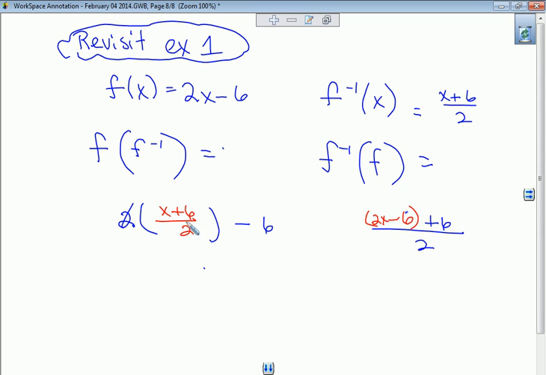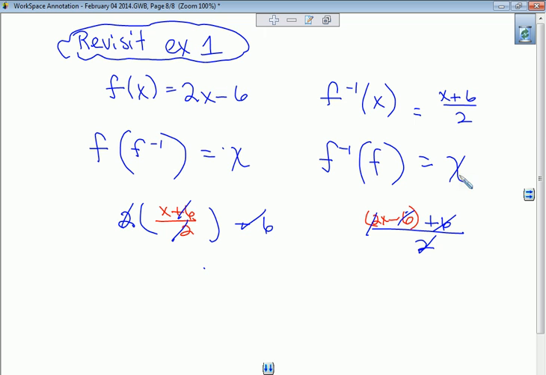So when I plug it in here, this cancels with that, cancels with that, and I'm left with x. And when I plug f into f inverse, this cancels with that, and I'm left with x. Now, yesterday, when we did compositions, and we switched them, did we get the same thing out every time?